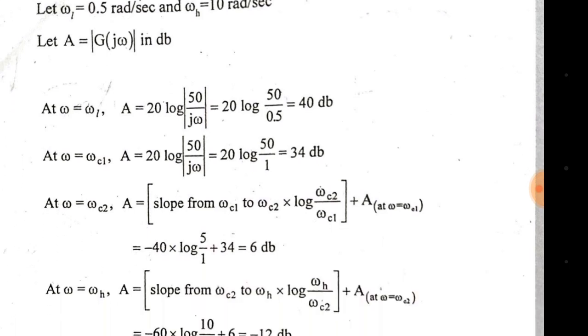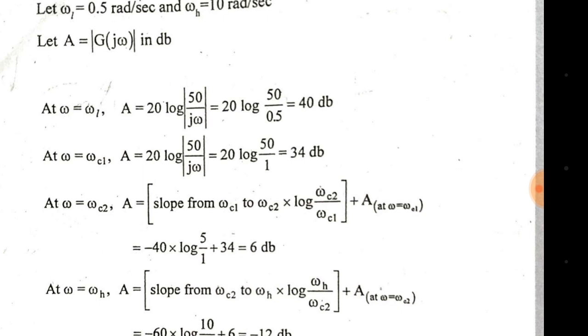When omega is equal to omega c1, that is 1 radian per second, gain is equal to 20 log of the first term, 50 by j omega, 20 log of 50 by 1, that is 34 dB. Now when omega is equal to omega c2, the second corner frequency, the equation has a little change: the slope from omega c1 to omega c2 we have already found is minus 40, so minus 40 into log of omega c2 by omega c1, that is log of 5 by 1, plus the gain at omega c1, that is 34 dB.